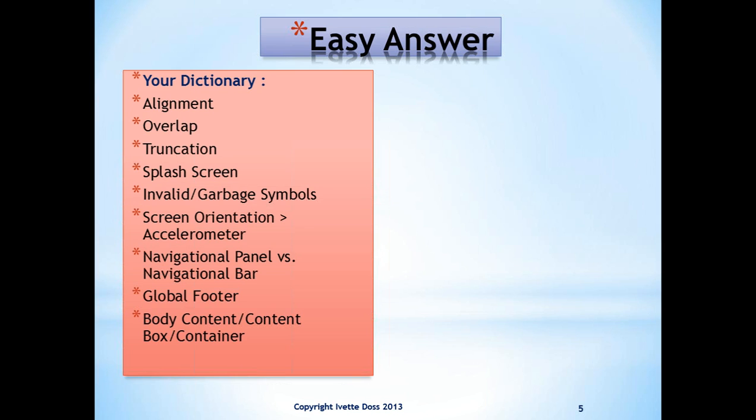You may have some interactive icons or buttons inside this panel, but the panel itself is very stable. A navigational bar involves some action in the background, so it's tappable, or you can switch things. You can do some action with this bar. That's the only difference between them.